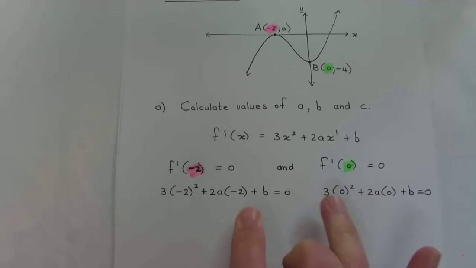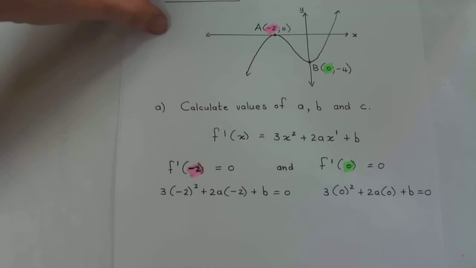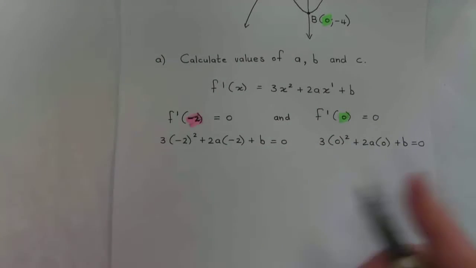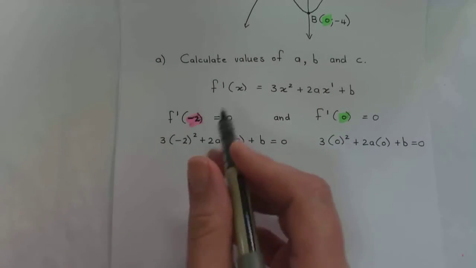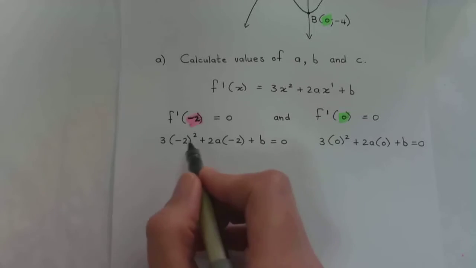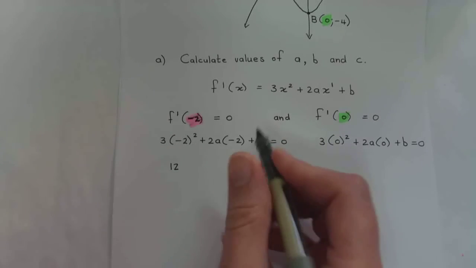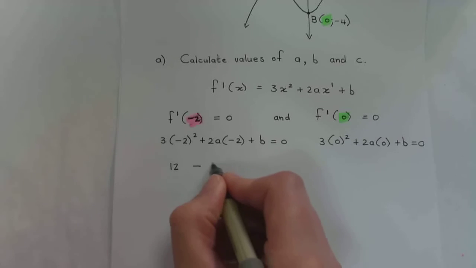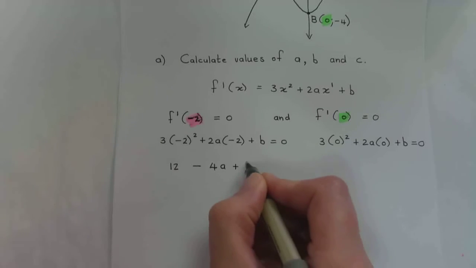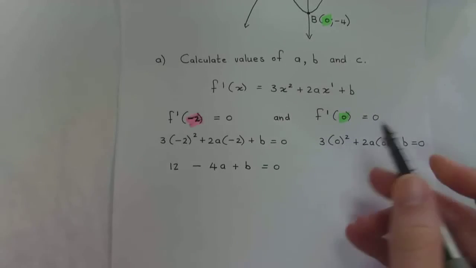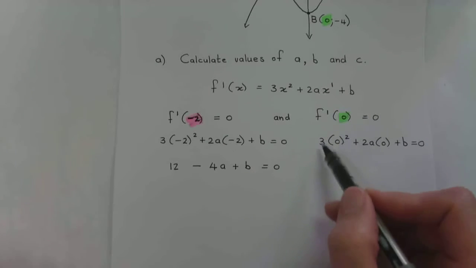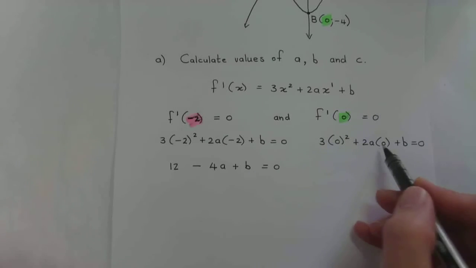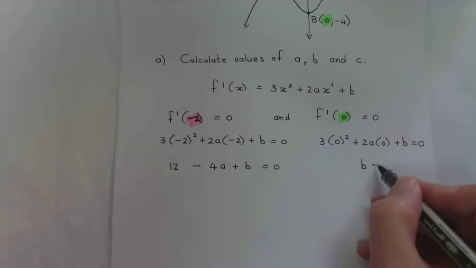So there are my 2 simultaneous equations that I will now have to solve. So I'm just going to make it slightly simpler here. And I'm going to say negative 2 squared is 4, 3 times 4 is 12, and then 2 times negative 2 is negative 4a, plus b, which is equal to 0. Then same thing over here, 3 times 0 is obviously 0, 2a times 0 is obviously 0, so very easy, b is equal to 0.